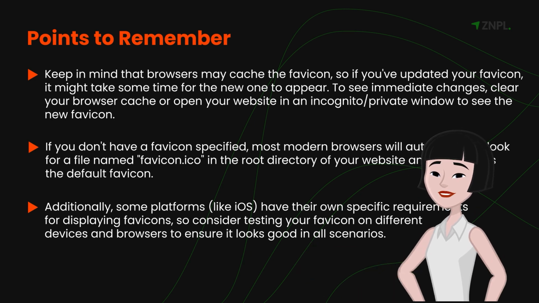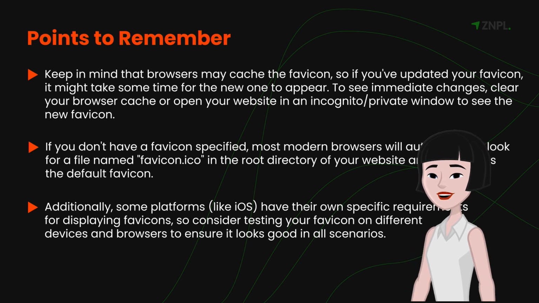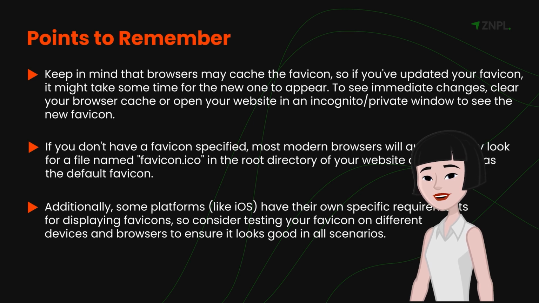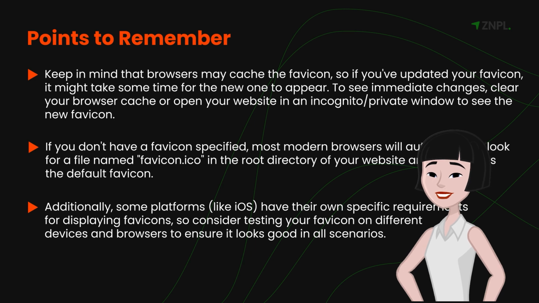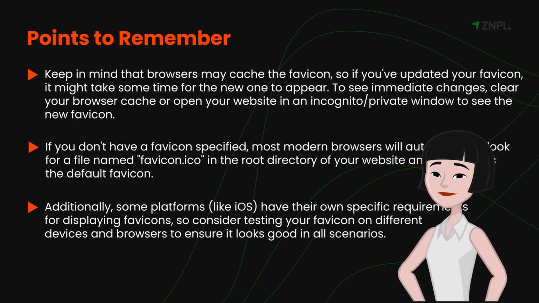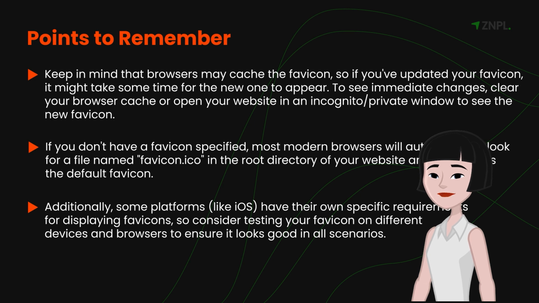If you don't have a favicon specified, most modern browsers will automatically look for a file named favicon.ico in the root directory of your website and use that as the default favicon. 3. Additionally, some platforms, like iOS, have their own specific requirements for displaying favicon, so consider testing your favicon on different devices and browsers to ensure it looks good in all scenarios.